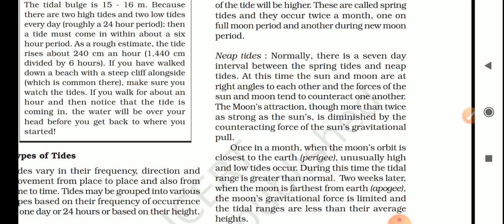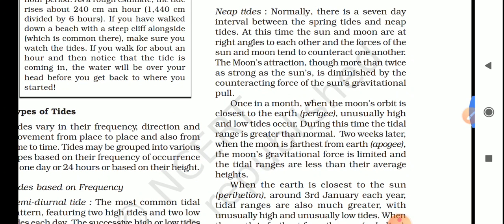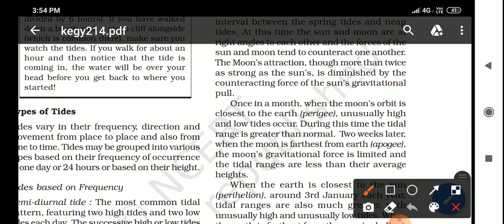Then we have perigee and apogee. What is perigee and what is apogee? Students, perihelion and aphelion you must have studied in your ninth class, especially in your geography subject. Perihelion is the point where earth is closest to the sun.